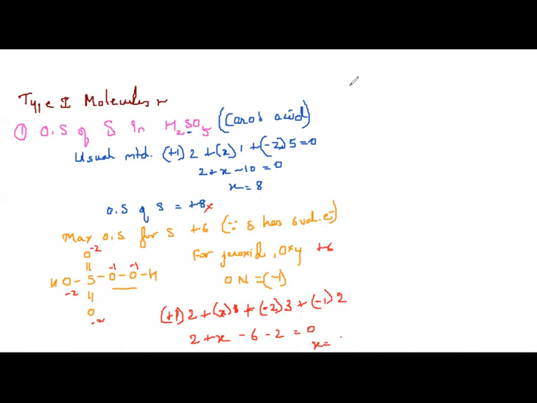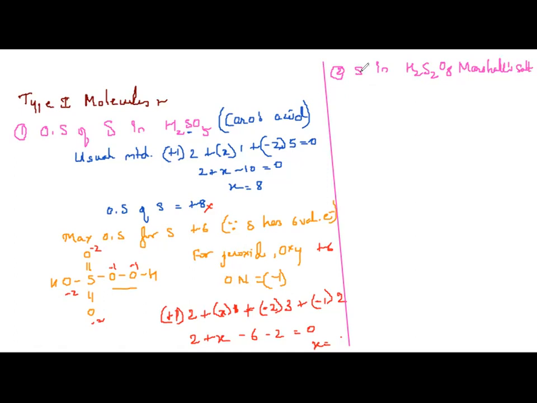Similarly, take one more example. The second example is the oxidation state of sulfur in H2S2O8. This is called peroxydisulfuric acid, or Marshall's acid.